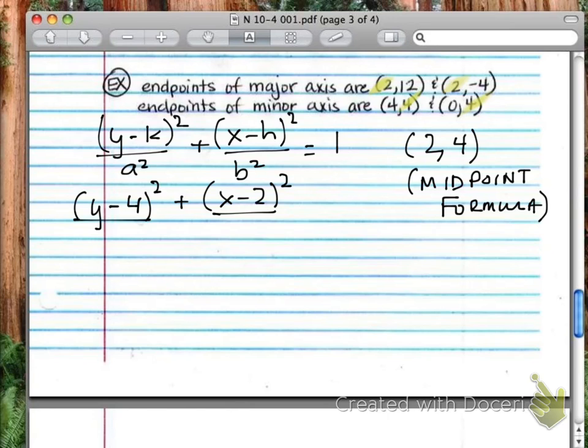That's the entire length, so divided by 2 is 8. So a is 8, so a squared is 64. What about b? B is 4. No, b is not 4 because the whole length was 4. So b is 2. 2 squared now is 4, right? Equals 1. So there's our answer.